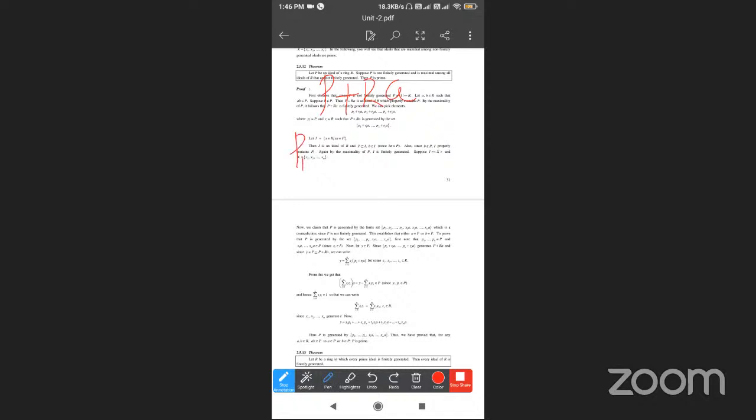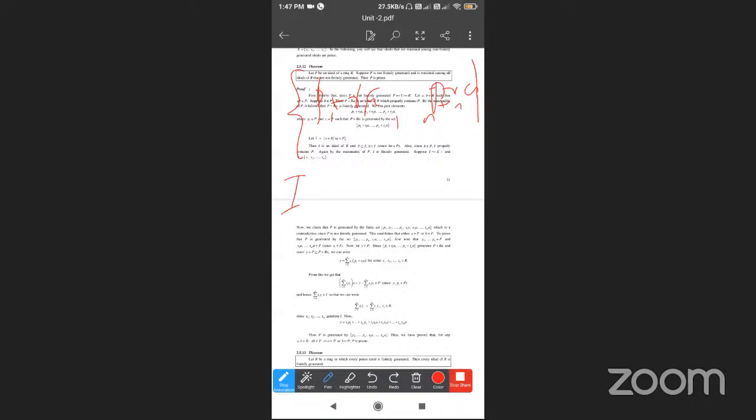We can pick generators P1 plus R1 A, where small p1 is an element of capital P and R1 belongs to R. Next, small p2 plus R2 A, up to so on, small pn plus Rn A. Here small p1, p2, up to pn belong to capital P, and small R1, R2, up to Rn belong to capital R. Small a is also a generating element. So the set is p1 plus R1 a, up to pn plus Rn a.